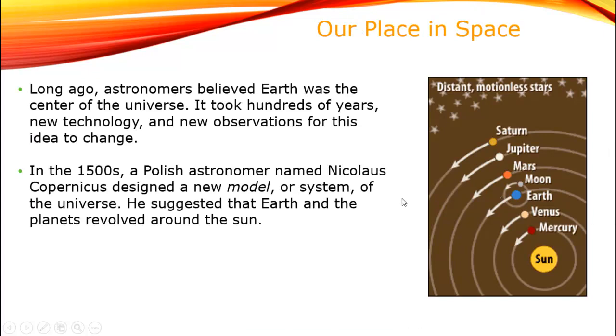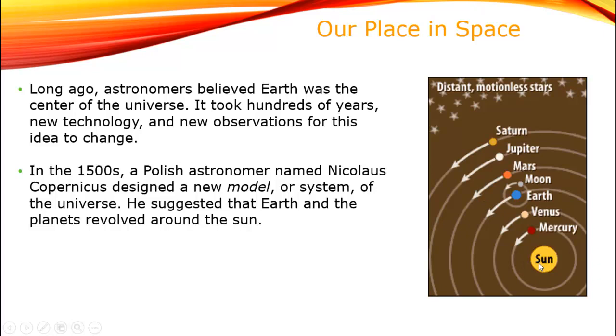Astronomers once believed that Earth was the center of the universe. It took hundreds of years, new technology and new observations for this idea to change. Then, in the 1500s, a Polish astronomer named Nicolaus Copernicus designed a new model, or system, of the universe.